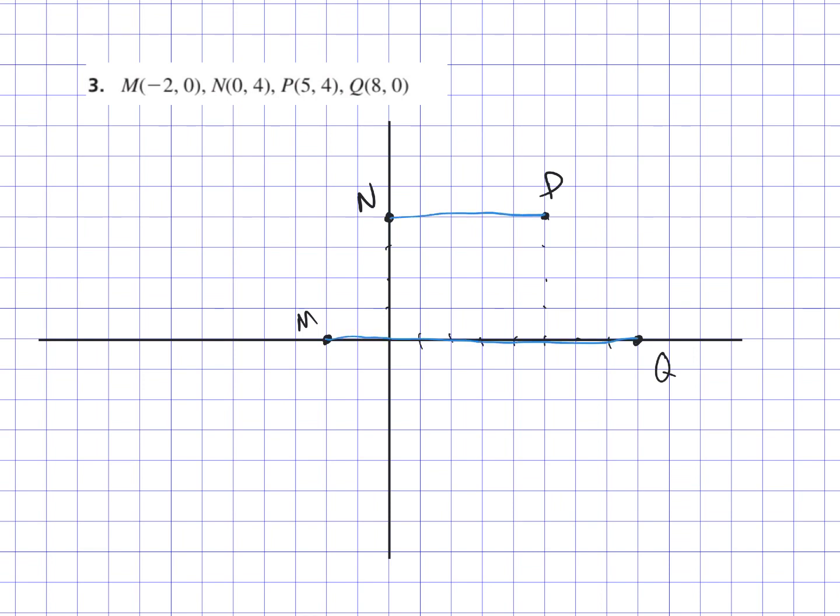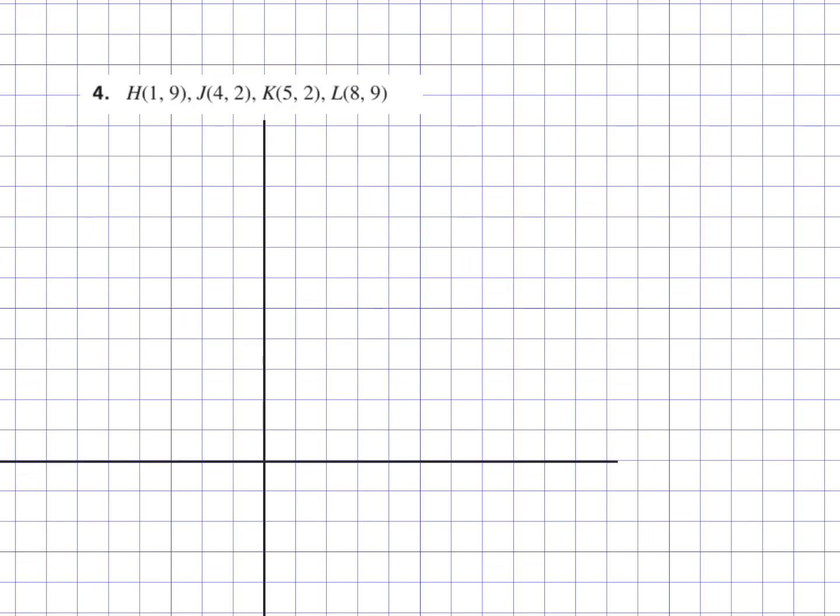Well, there are your two parallel sides there. So those two slopes, the slopes of both of those is 0. When it's flat like that, it's 0. Vertical is undefined, flat is 0. So yeah, that's a trapezoid.